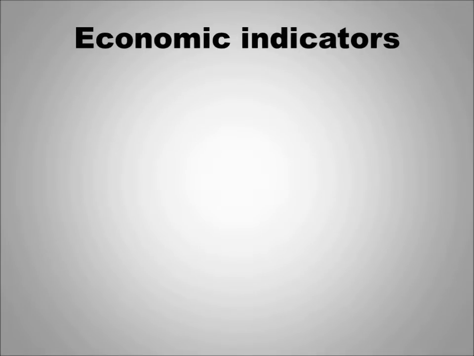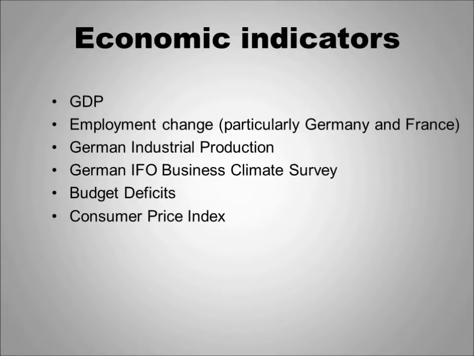So we need to pay attention to the gross domestic product. Also, we want to pay attention to the unemployment rates, especially in Germany and France, because Germany has the largest economy in the Eurozone. Also, we want to pay attention to German industrial production and the German IFO business climate survey and budget deficits.